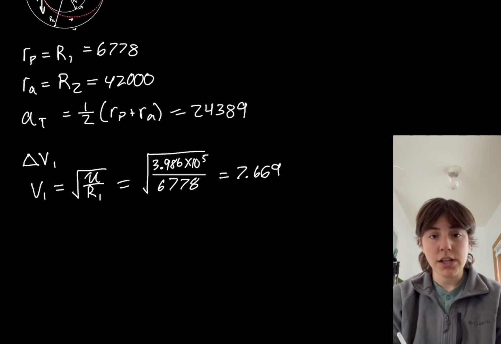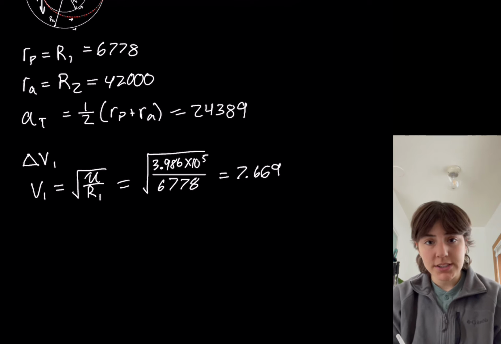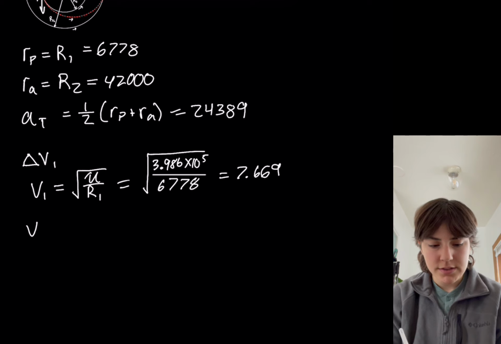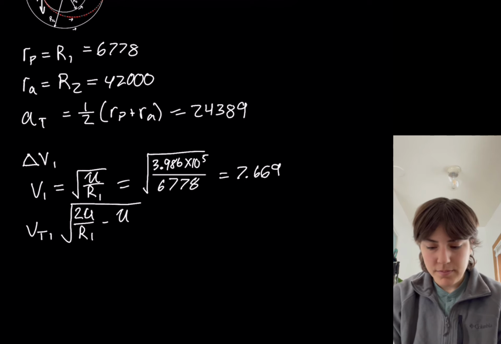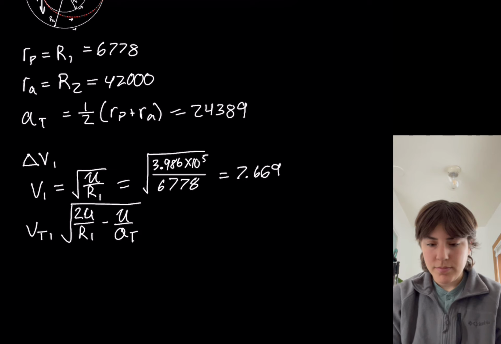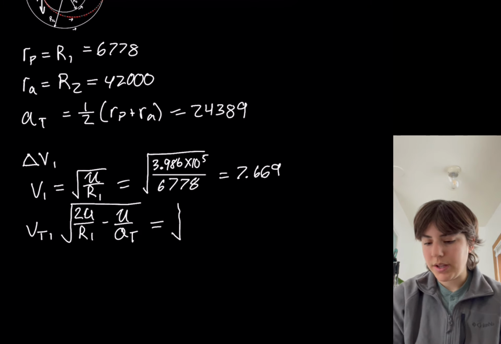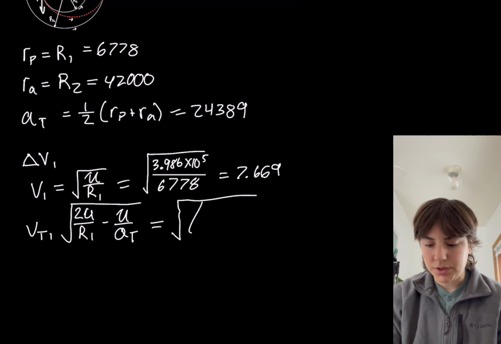And then the velocity right after the burn, the initial velocity of the transfer orbit, would be this. And we would use this complex equation because it is an elliptical orbit. And then that would be equal to 10.06.